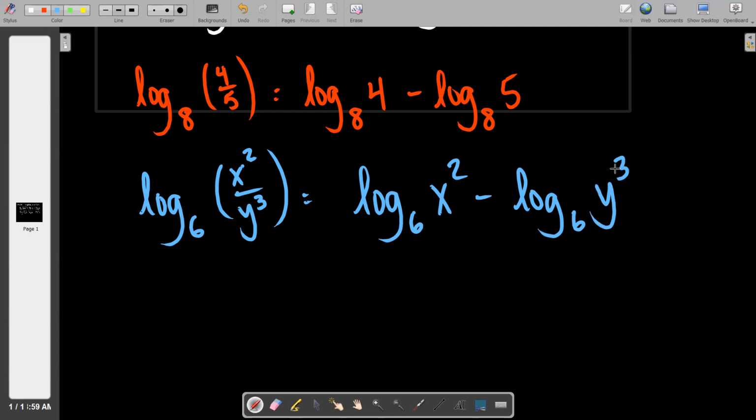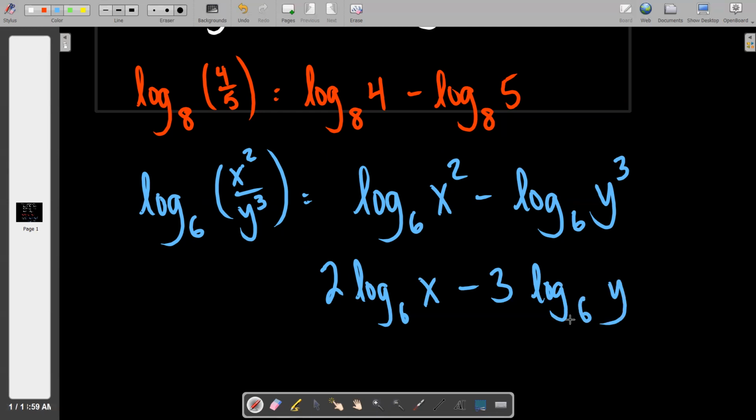But as mentioned before, what's the subsequent expansion that we have to do? To complete an expansion, good job, you have to pull all your powers down and bring them down as multipliers. So the final answer to this would be 2, good job, Brooklyn, log base 6 of x minus 3 log base 6 of y.